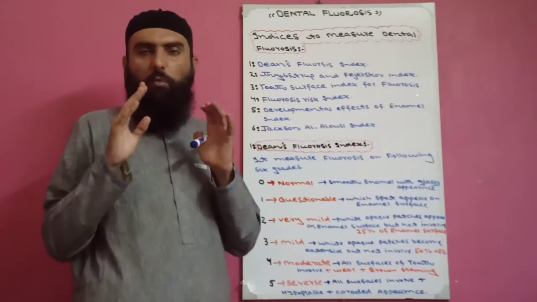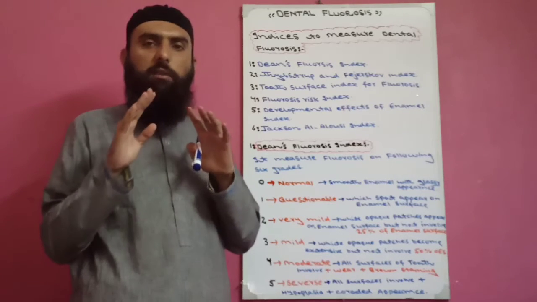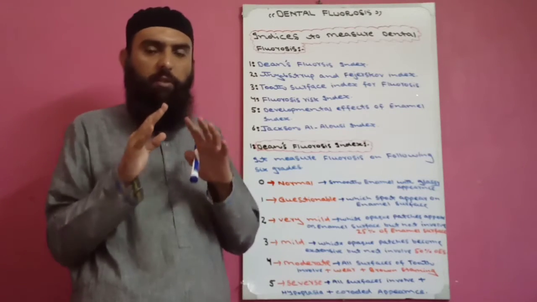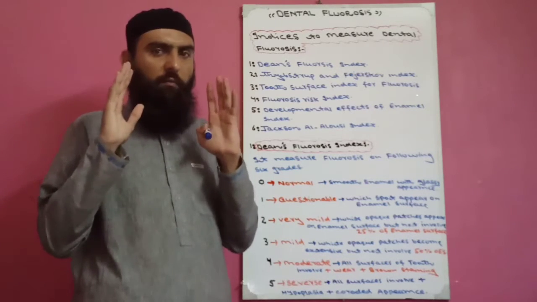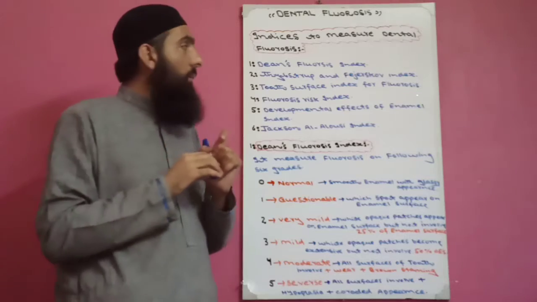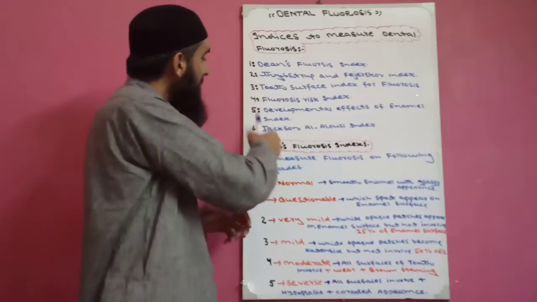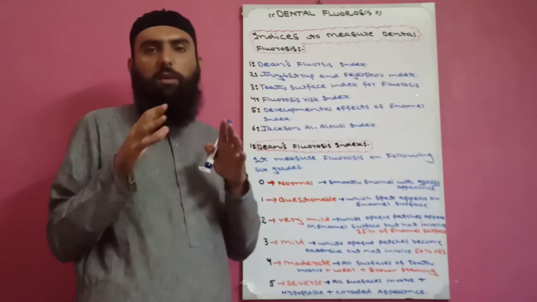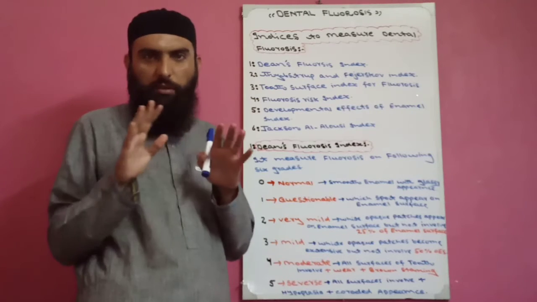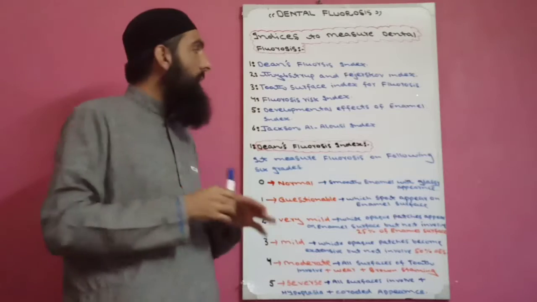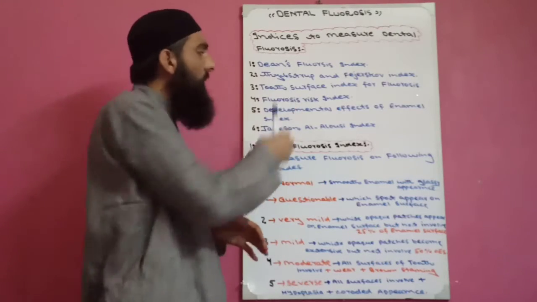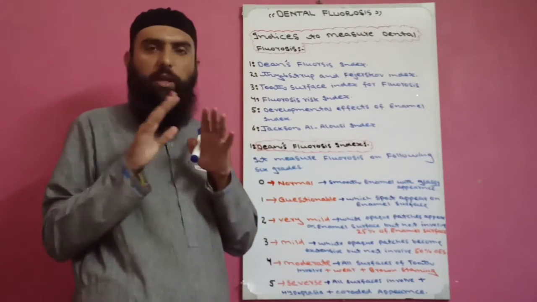Now, what is an index? An index is a scale by which we measure the severity of fluorosis. There are 6 indices which are used to measure the severity of fluorosis. But of the 6, the first one, Dean fluorosis index, is very important.